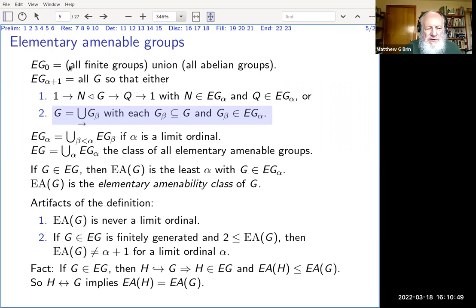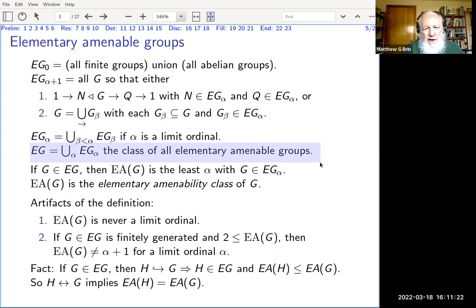So EG0 is contained in EG1, which is contained in EG2, and so on. At a limit ordinal, you simply take the union of all of the previous classes. One of the consequences of that is you never introduce any new groups at a limit ordinal, which will be mentioned about 5 lines below. And then the class of elementary amenable groups is simply the union of all of these classes that you have built.